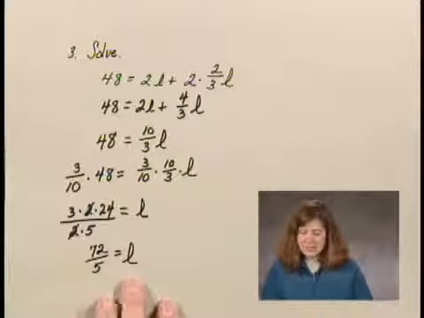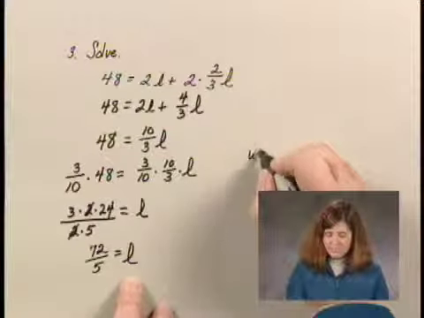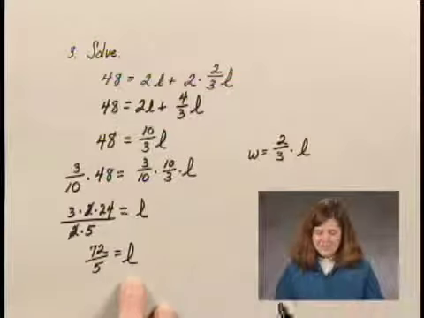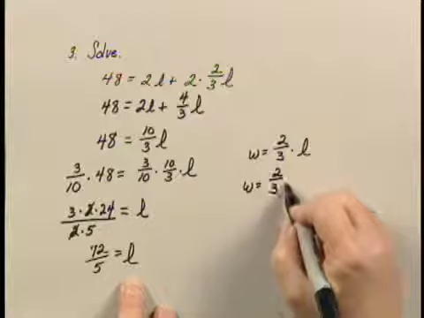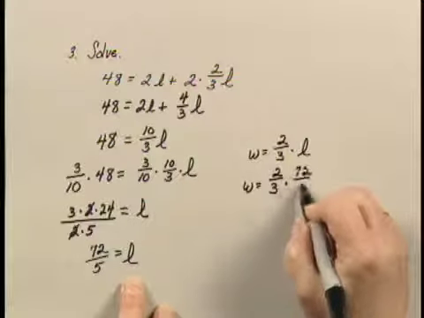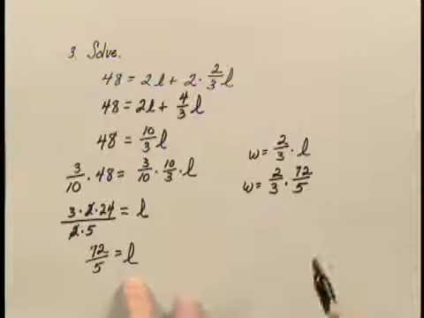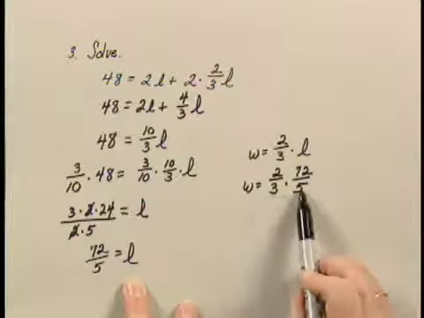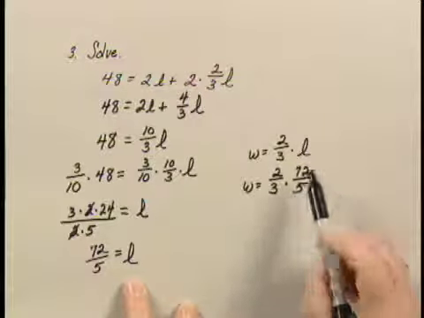Now, if L is 72/5, remember that W is 2/3 times L. So W then would be 2/3 times 72/5. Once again, I need to simplify, and I notice that in the denominator I have 3 times 5, and although 5 is not a factor of 72, 3 is.